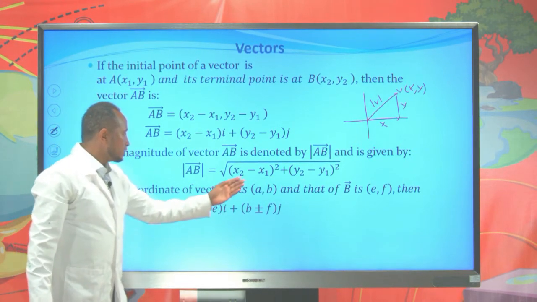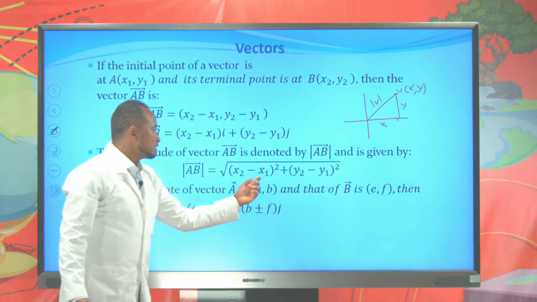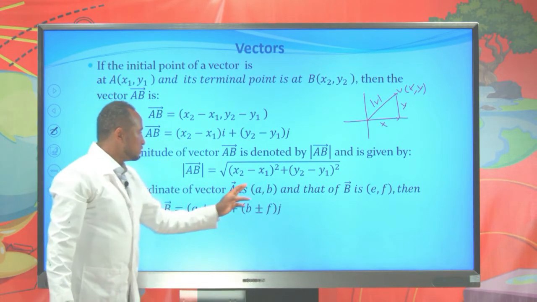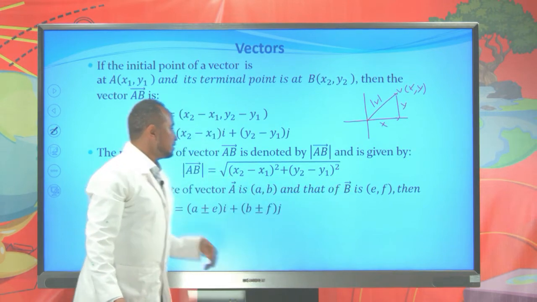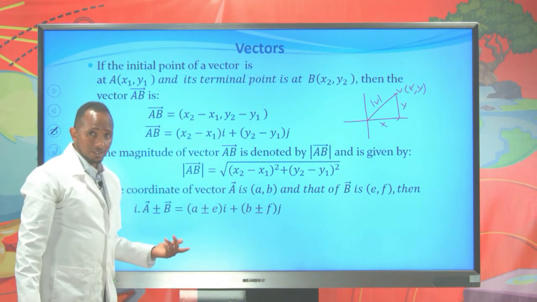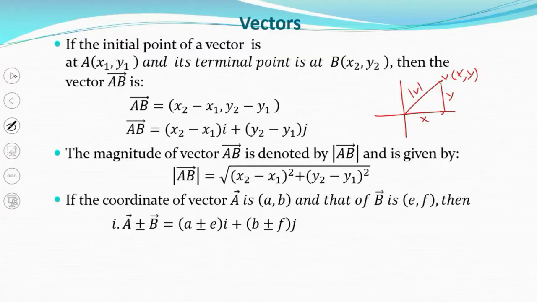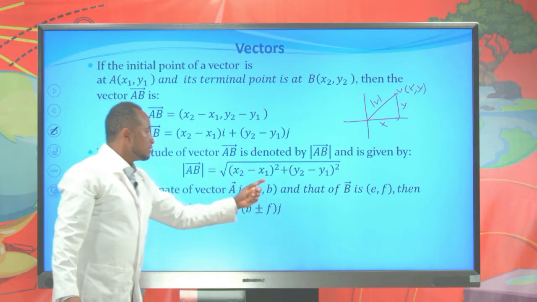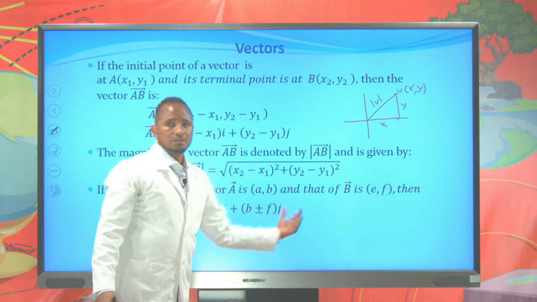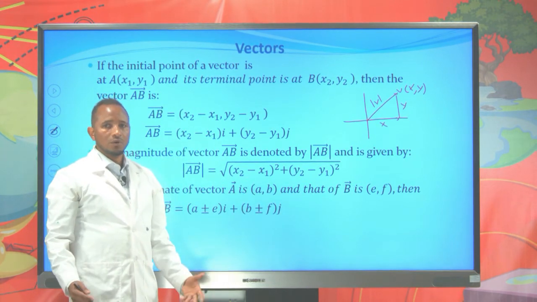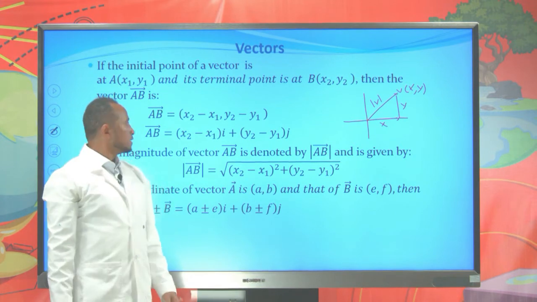The sum of vectors A and B is simply the sum of their components. Therefore, A plus B is equal to a plus e in the i direction plus b plus f in the j direction. If it is minus, it is a minus e in the i direction plus b minus f in the j direction. So, to add or subtract vectors, simply add or subtract their components.